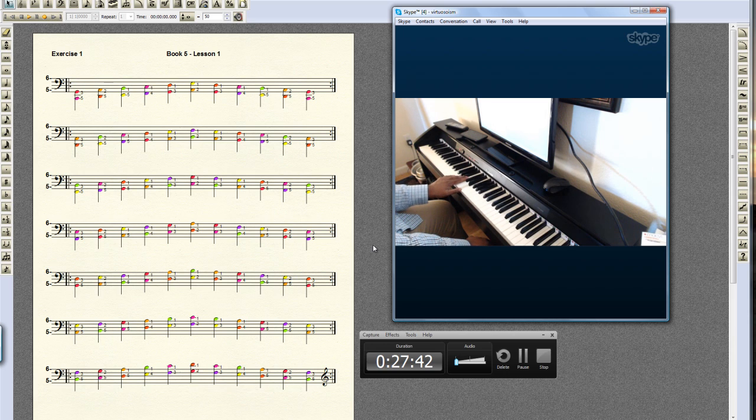Thumb again. Now 5th finger moves. And 5th finger moves again. And back up. 2nd. Nice. Just keep working on this one, just to get comfortable with your left hand.